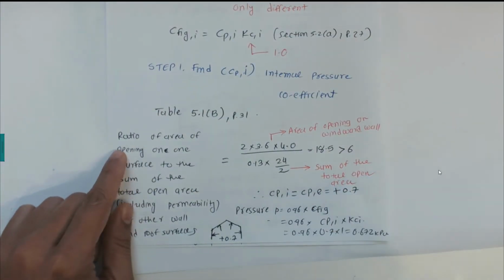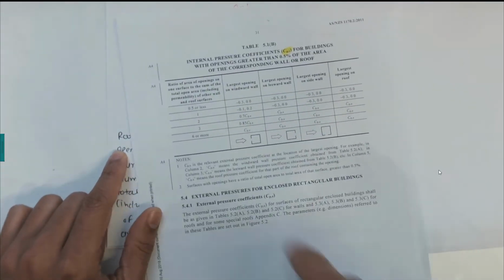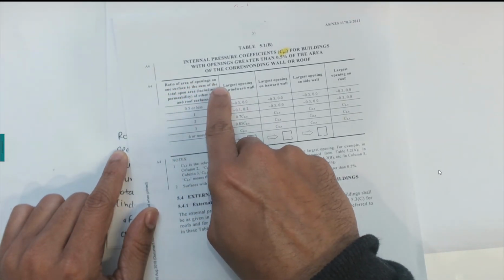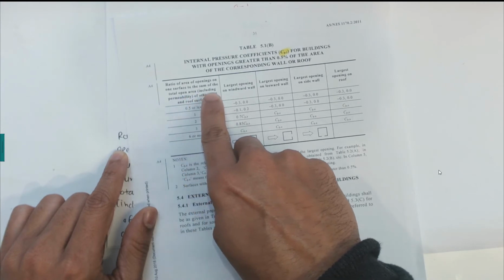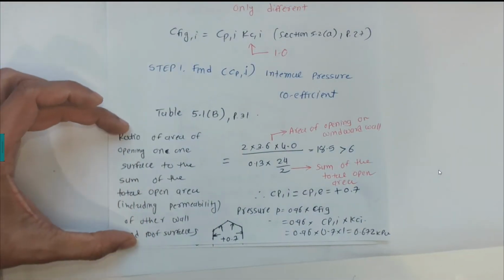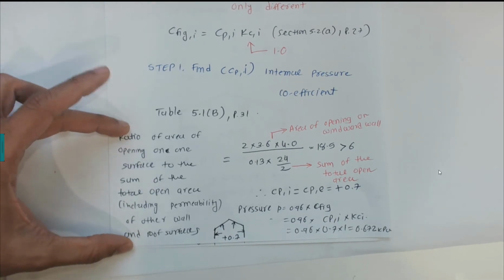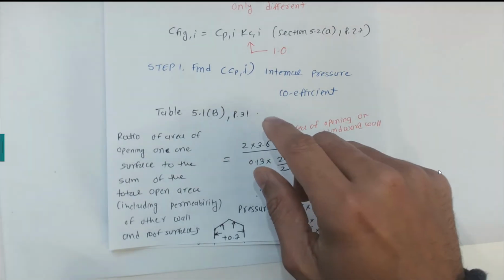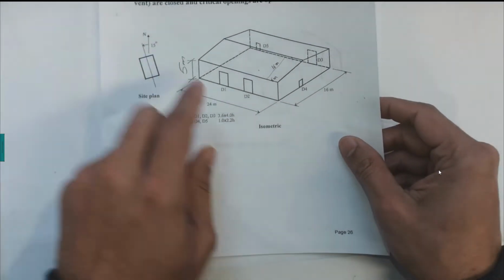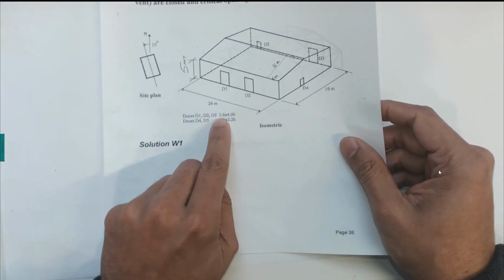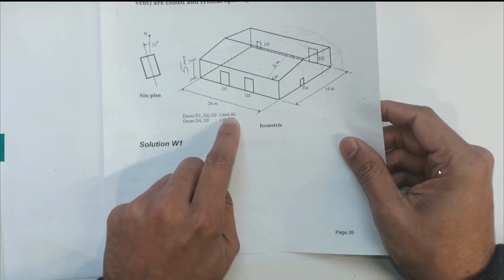In that case we have a quick note here: the ratio of the area of the opening on one surface to the sum of the total open area, including permeability of other walls and roof surface. That is what I have written here. Now for case number 1, door D1 and D2 are open, on the windward wall, and door D1 has a dimension of 3.6 by 4 meters.